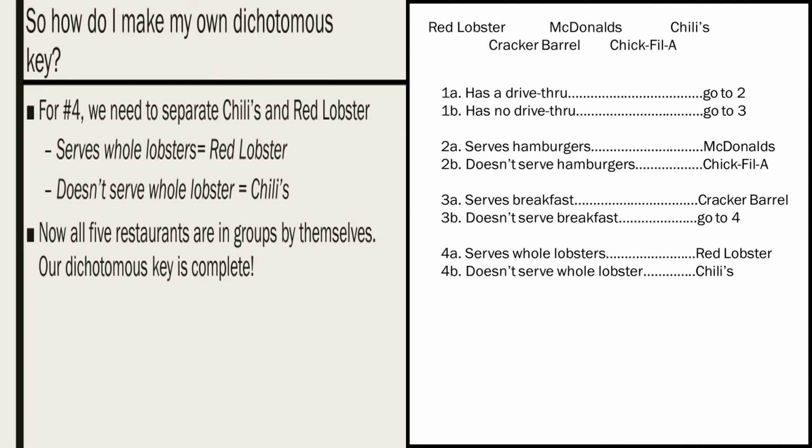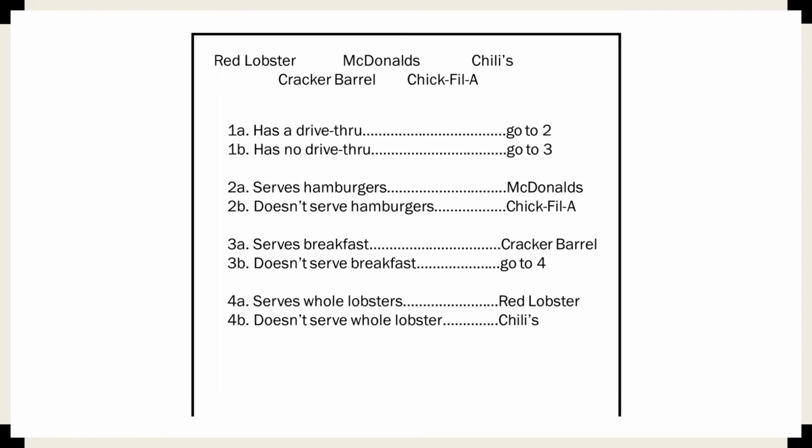I could use this to identify any one of these restaurants and figure out what they have and things like that. And here is our completed dichotomous key on restaurants.